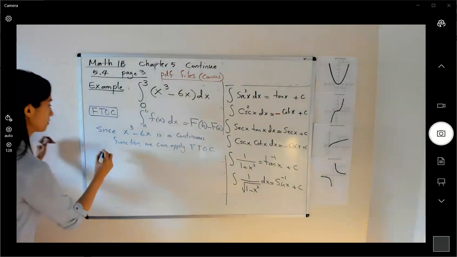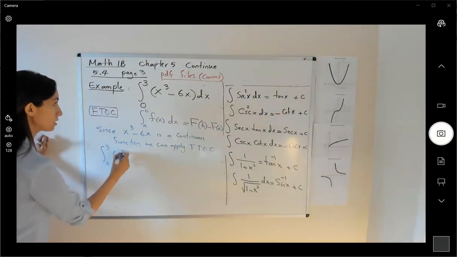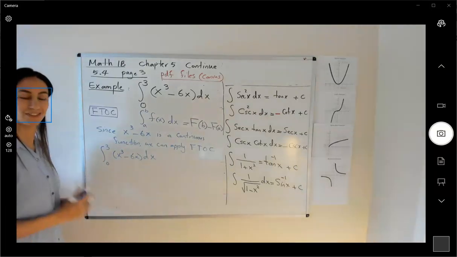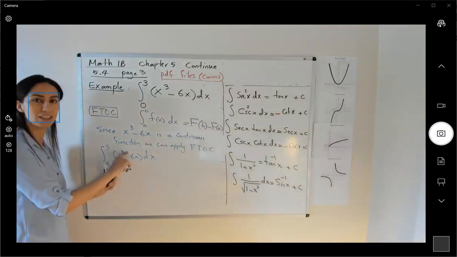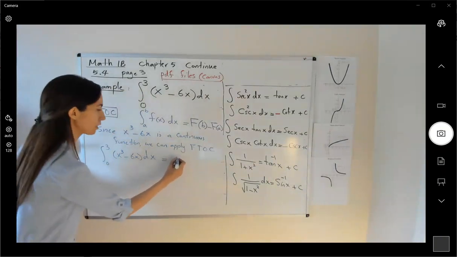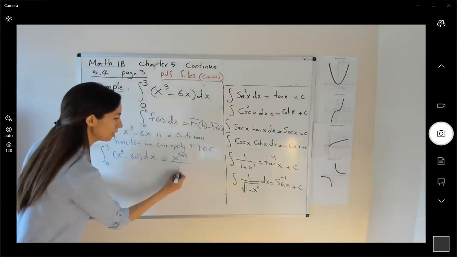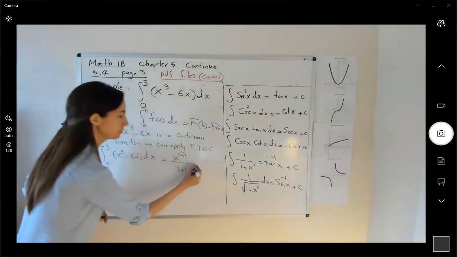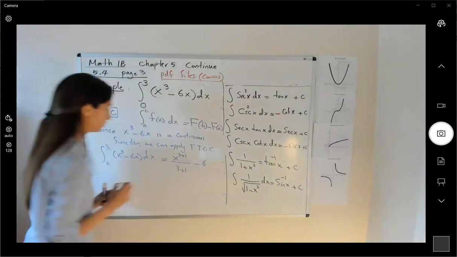So, the integral from 0 to 3 of x cubed minus 6x dx is equal to. The first term is x to the n, so it's going to be x to the 3 plus 1 divided by 3 plus 1, minus, you have a coefficient 6, you copy the coefficient.